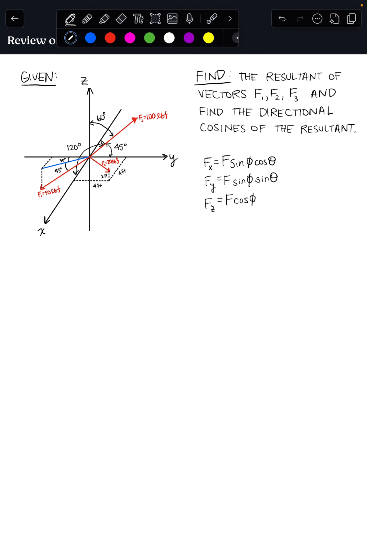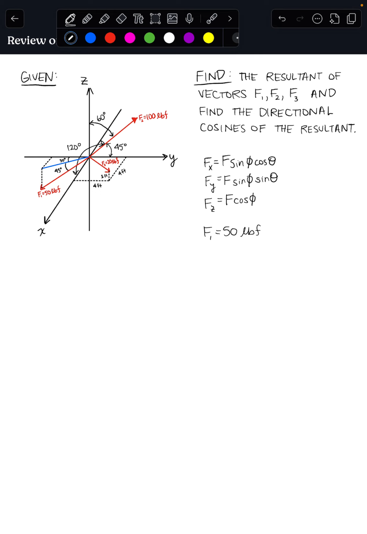We are given that the magnitude of our force vector F1 is 50 pounds, so that's our F. So F1 is 50 pounds. Now we need to know phi and theta. So in your equation sheet, it does say that phi is our altitude angle and theta is our azimuthal angle. So phi being our altitude angle.